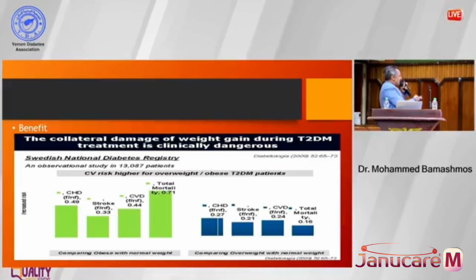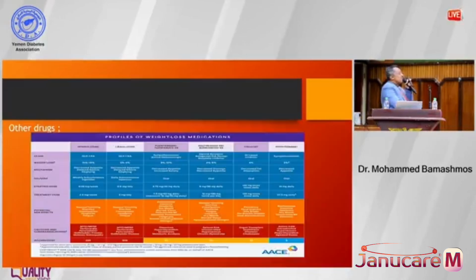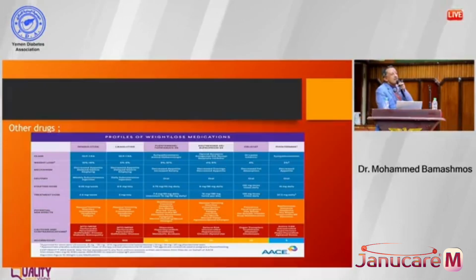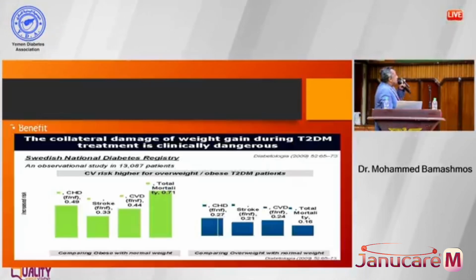So the third, as we said, if the patient has severe obesity, body mass index more than 30, you have to use other combined drugs, like semaglutide, liraglutide, orlistat, and other combined treatment.